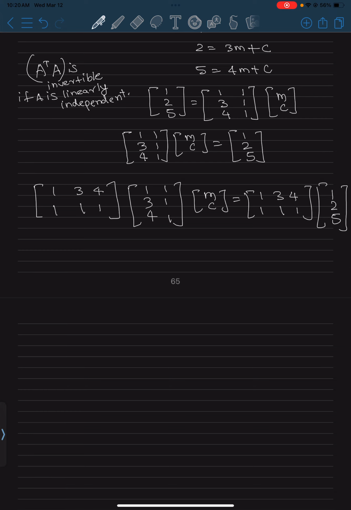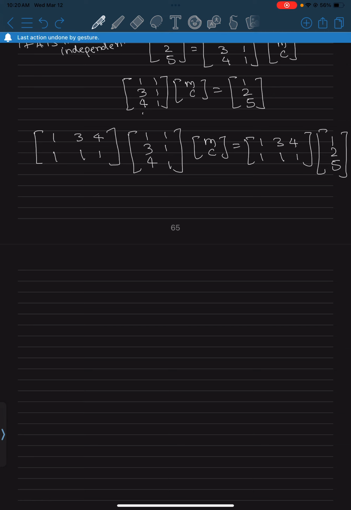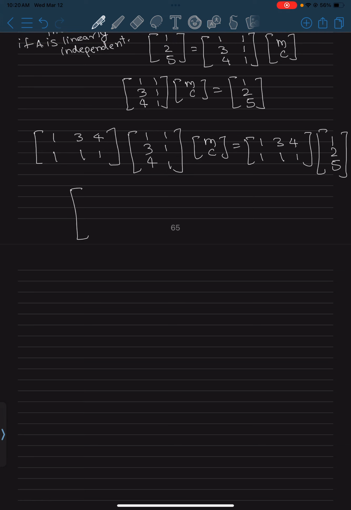Now this becomes a square matrix, and hence it's also invertible, because these two columns were earlier linearly independent. We take that as given. Now this is 4 times 4 is 16, 3 times 3 is 9, 9 and 16 is 25, and 1 is 26. And this is 8, and this is 8, and this is 3.